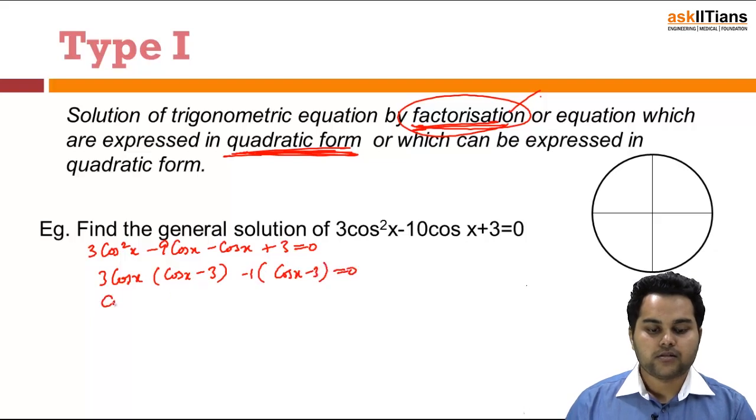Now cos x minus 3 is taken as common and leaves me 3 cos x minus 1 is equal to 0. So cos x will have two values, either equal to 3 or 1 by 3. 3 can be rejected as cos x lies between 1 and minus 1.